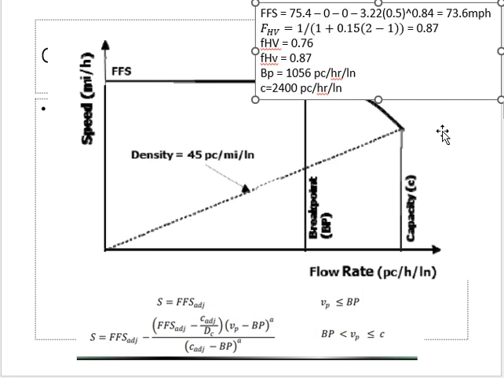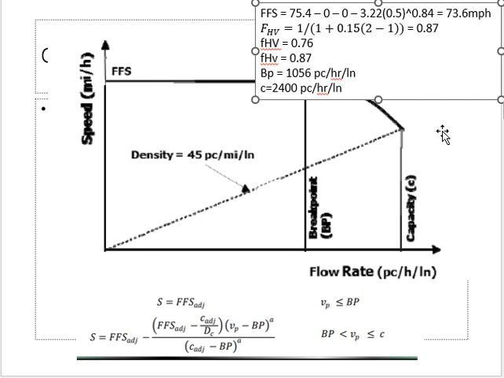Now to draw the points on the graph, I need the x value and the y value. For the y value, there's an equation. X value, Vp, correct. I just want some points between capacity and breakpoint.